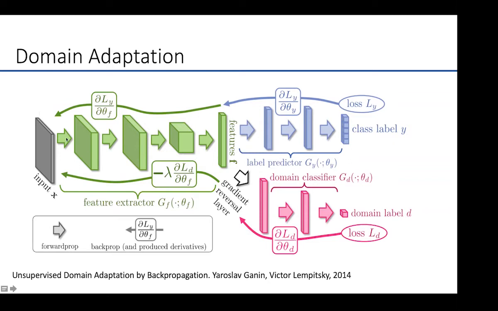When you train this model, you train it in several stages. You want to minimize the classification loss, updating these weights and these weights. On the other hand, you want the model to correctly classify whether the image was from a real or a synthetic data set. You minimize this loss, updating only these weights.